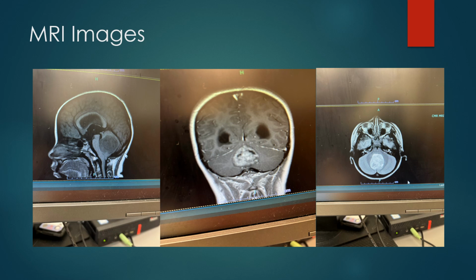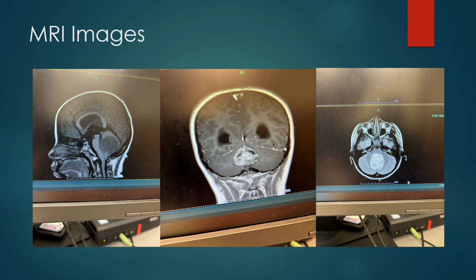In the center of the medulla oblongata, you'll see a really dark portion. That is the tumor. It's also known as a medulloblastoma. In the center, the second image, in the lower midsection of the brain, this is a coronal view.